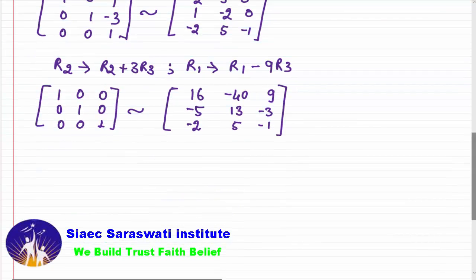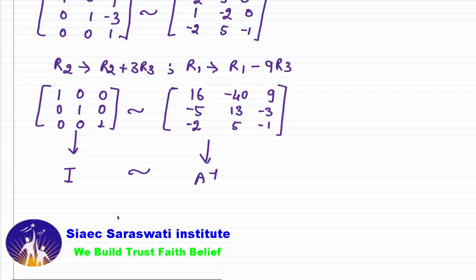So this is the final equivalent of I. So as you know that again it became the I. So as you know this matrix is I, so the equivalent of I as per the statement will be the A inverse.